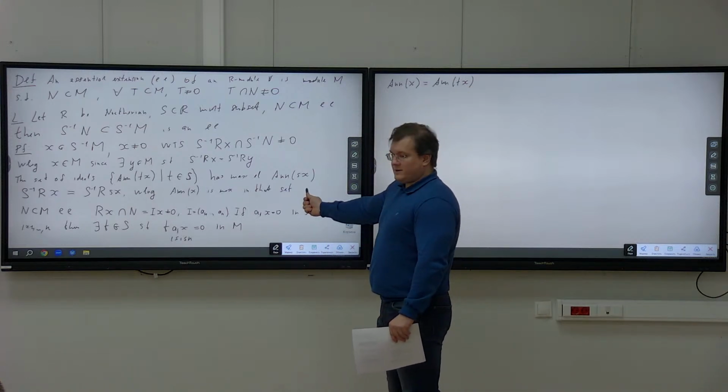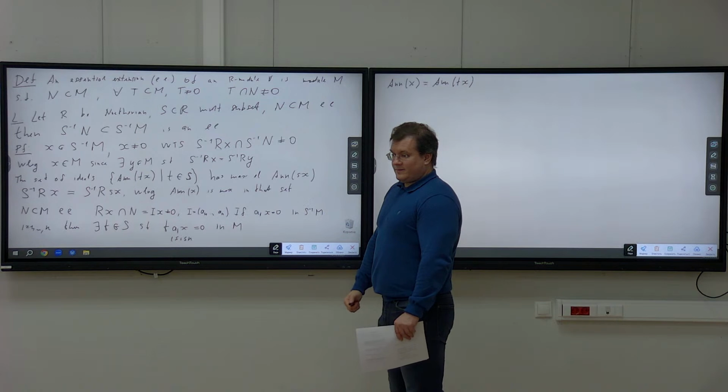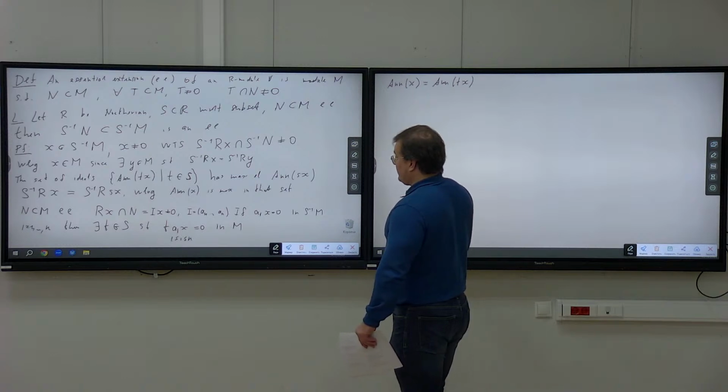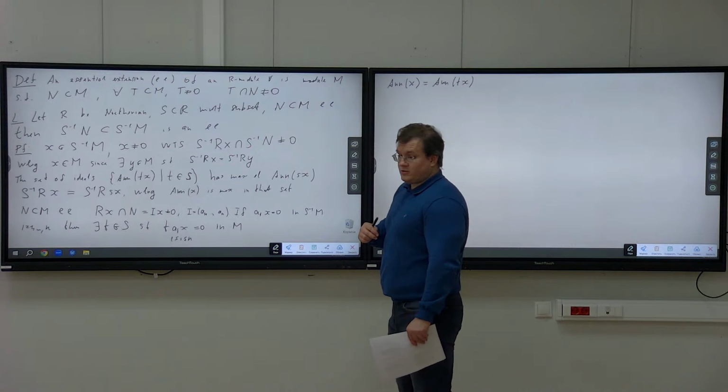By maximality: the annihilator of tx should lie in the annihilator of x, which is maximal in this set, and the other inclusion is also true.